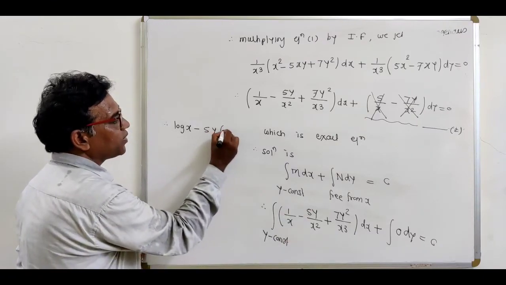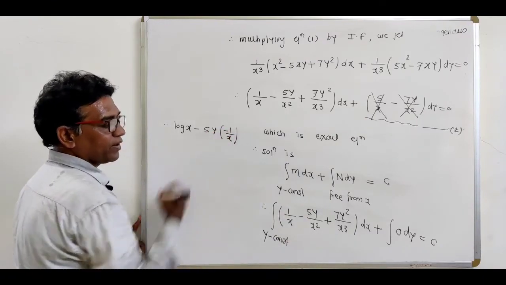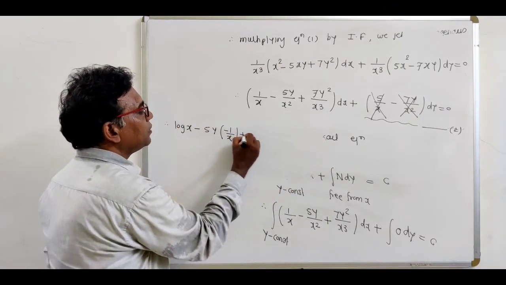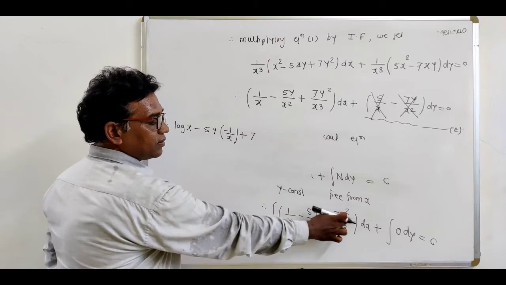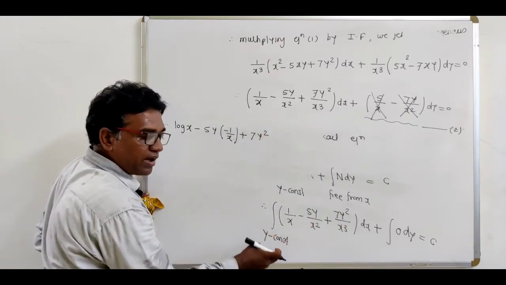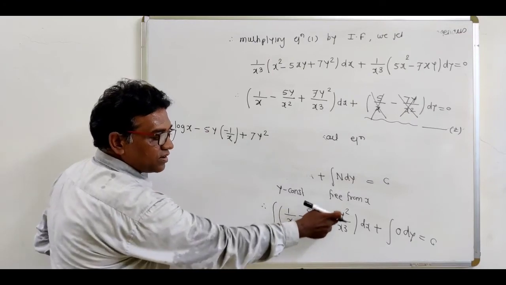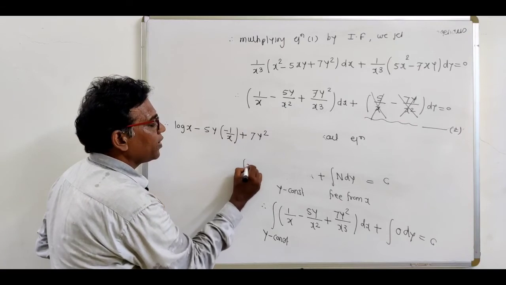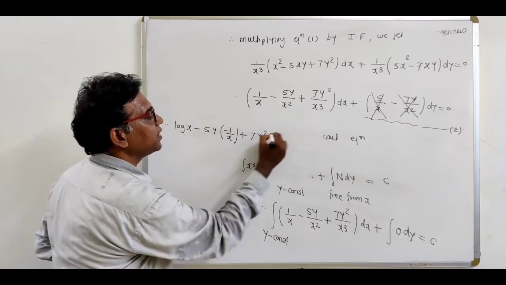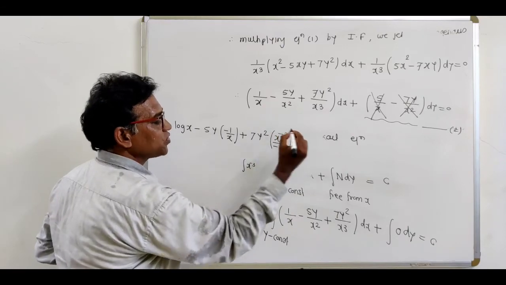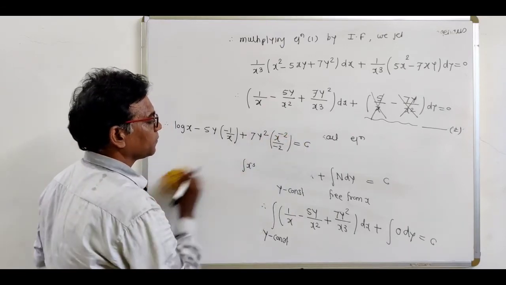Integration of 1 upon x square, this is minus 1 upon x, plus 7 constant, y square constant, we have written here y constant. So 7 constant, y square constant, and what is the integration of 1 upon x cube? 1 upon x cube means x raised to minus 3, and what is the integration? This is x raised to minus 2 divided by minus 2. So this is equal to C.